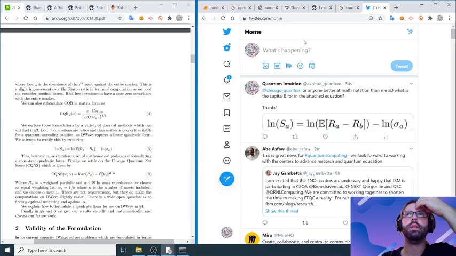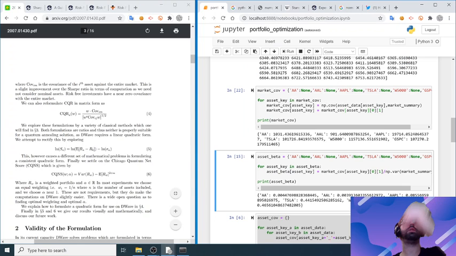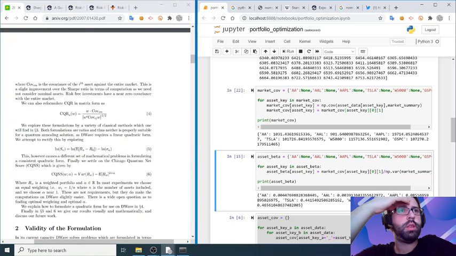But so the natural logarithm of the risk-free return minus the natural logarithm of the standard deviation. Why is that better? In formulating a consistent quadratic form.